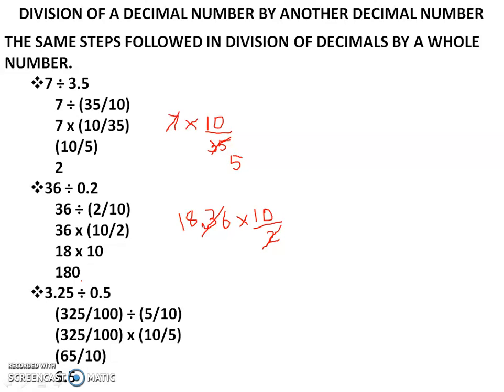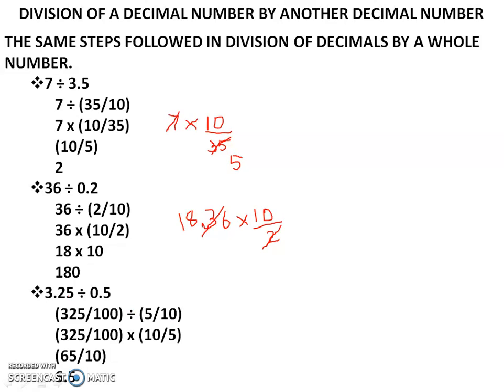Third question. Now you can see that your dividend as well as your divisor is having decimal numbers. So what is the first step? You will convert both 3.25 and 0.5 as fractions. 3.25 I can write as 325 by 100 and 0.5 I can write as 5 by 10.